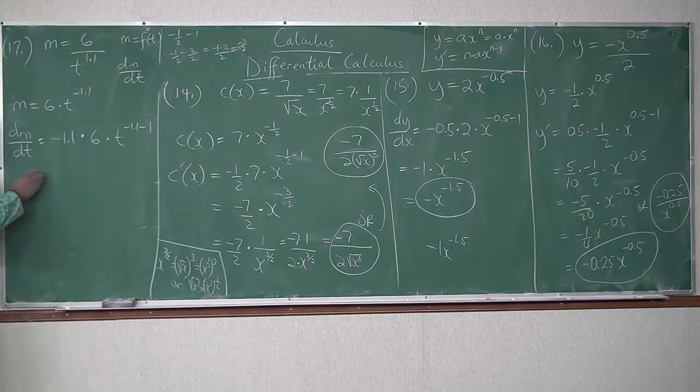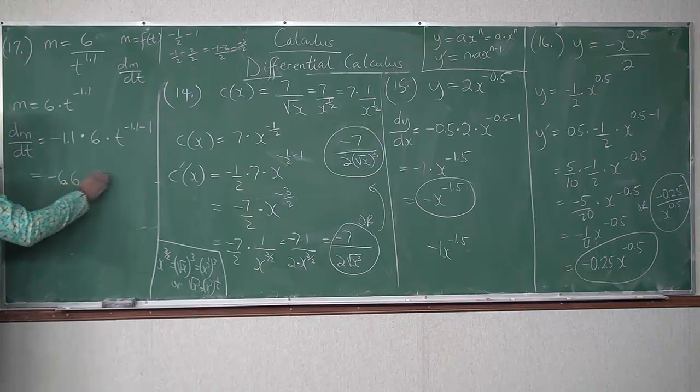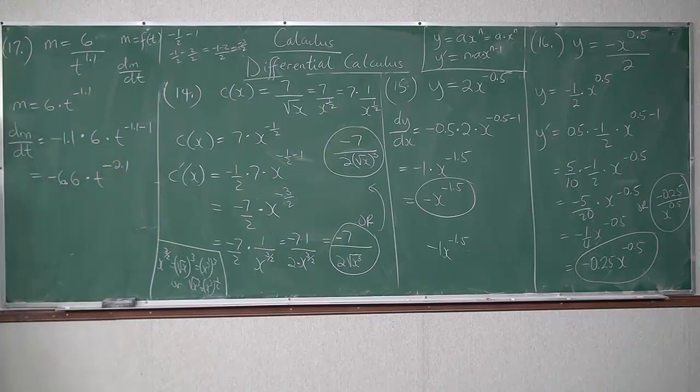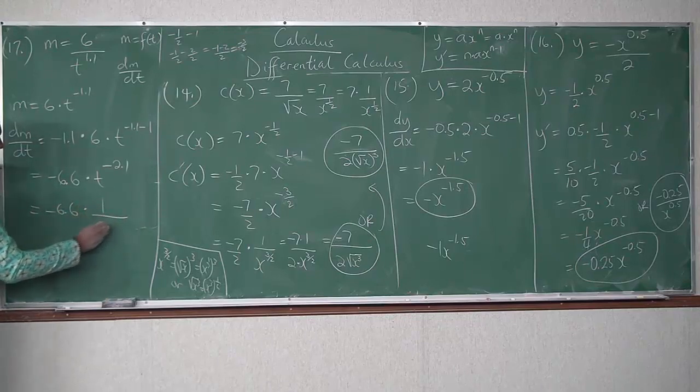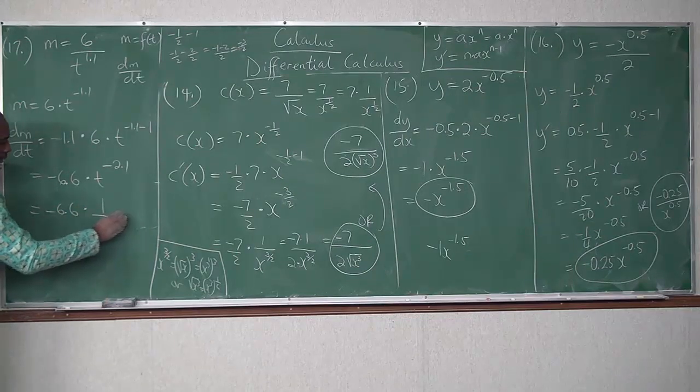So this will be negative 1.1 times 6, which is negative 6.6, times t exponent negative 1.1 minus 1, which is negative 2.1. So this will be negative 6.6 times 1 over t exponent 2.1.